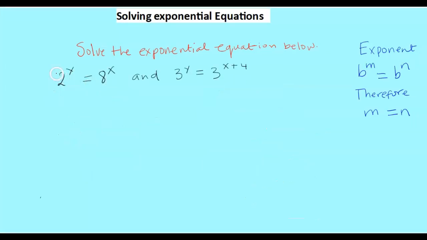We have a system of exponential equations, and we want to solve for x and y. So here we see 2 here, we see 8 here. Let's change the 8 with respect to the 2. 2 cubed will give us the 8, and this one is already in the same base.